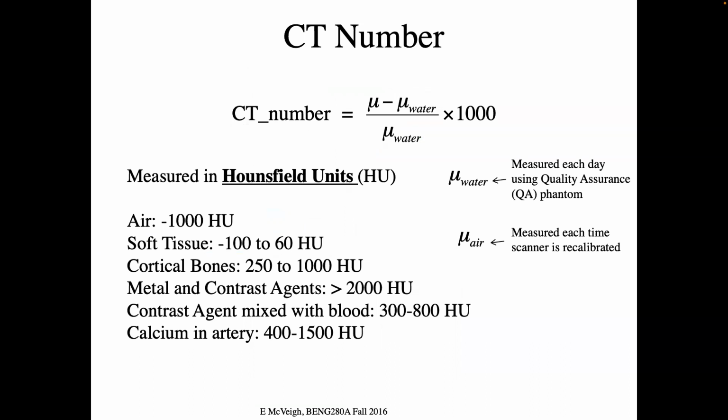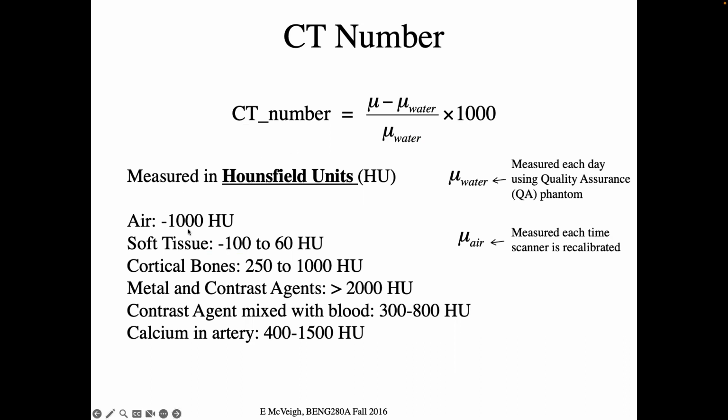So they scaled them. They took the difference of the mu value at each point from the mu value of water and divided that by water. So it was a fractional change from water. Multiply that by 1,000, right? So now you've got numbers between about minus 1,000 to a few thousand, if mu is a really big number, right?